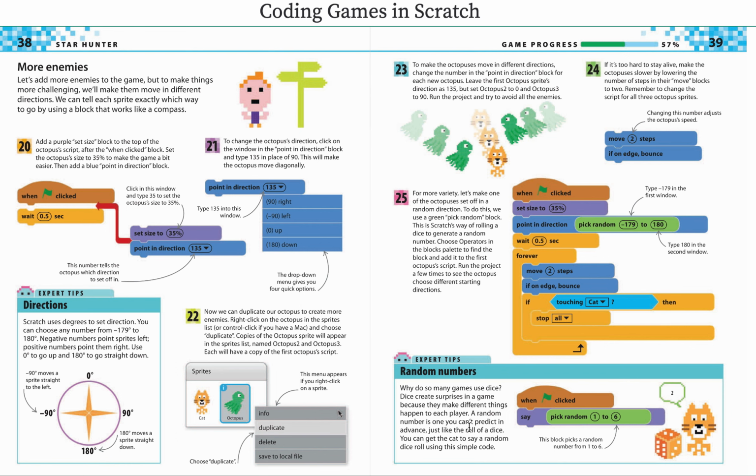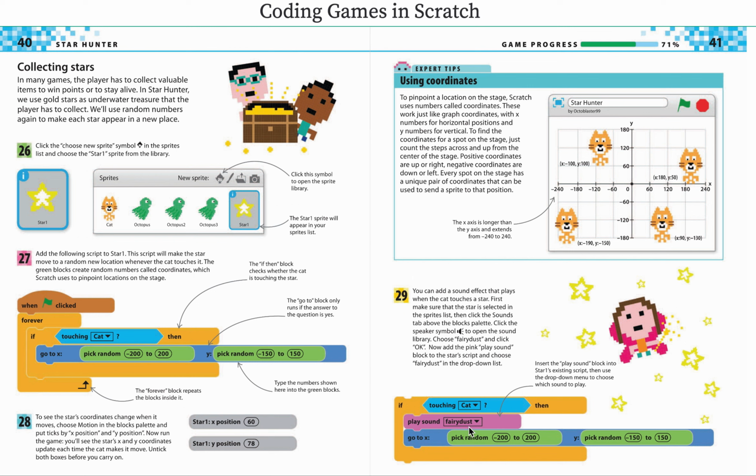Here's some more steps you can do. For collecting stars, you would have sprites, and then when you touch the cat, then you can go to a random position, and you would play a sound, and then you would go to that random xyz position. So that's what a star does.